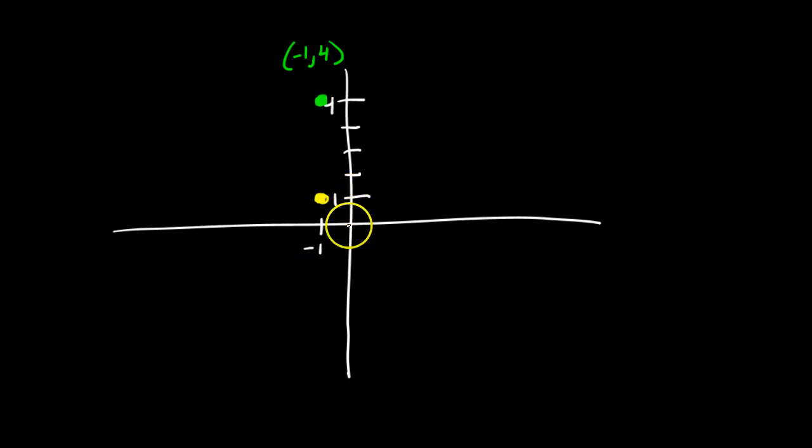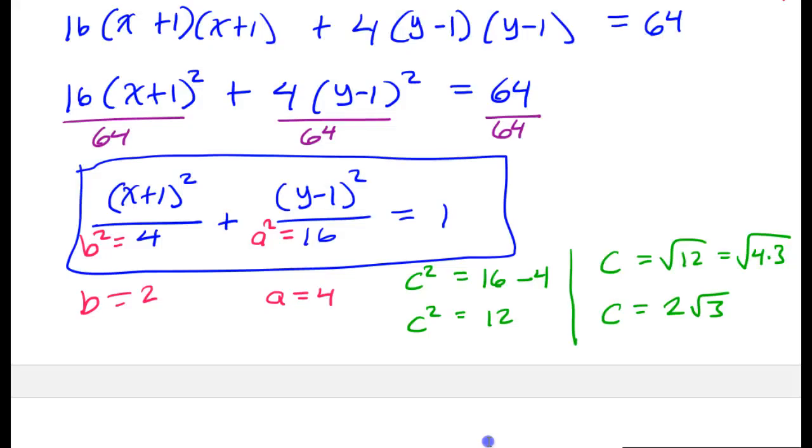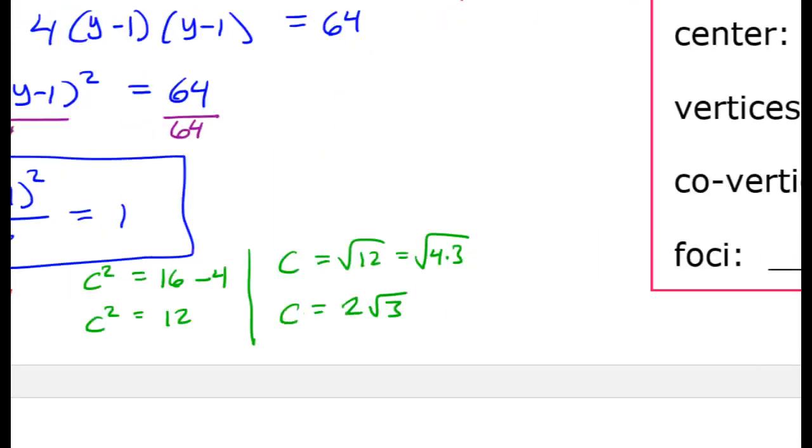So that's down 1, 2, 3, 4. Okay, so this is -3 right here, but there should be a vertex here. And the coordinates of this point are -1, -3. So these are my vertices. Let's write them down.